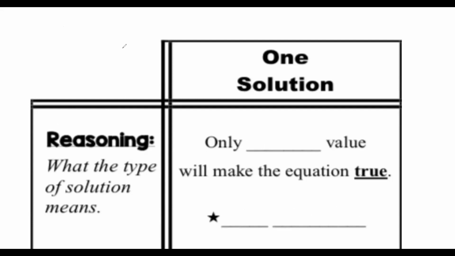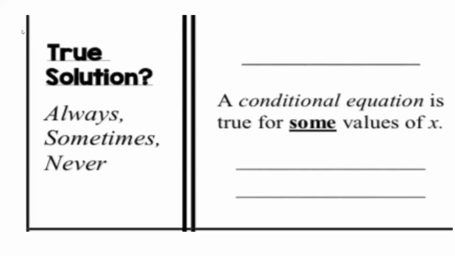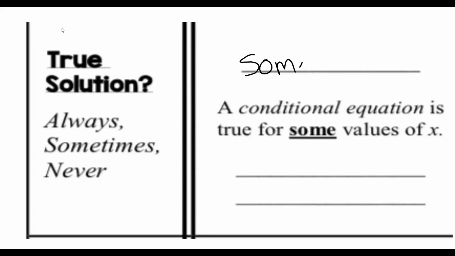Again, if you need more time, just pause the video or rewind it. And then we want to know if it's a true solution always, sometimes, or never. For one solution, it is true sometimes. If I'm writing, you're writing, and make sure you're writing in the correct location.